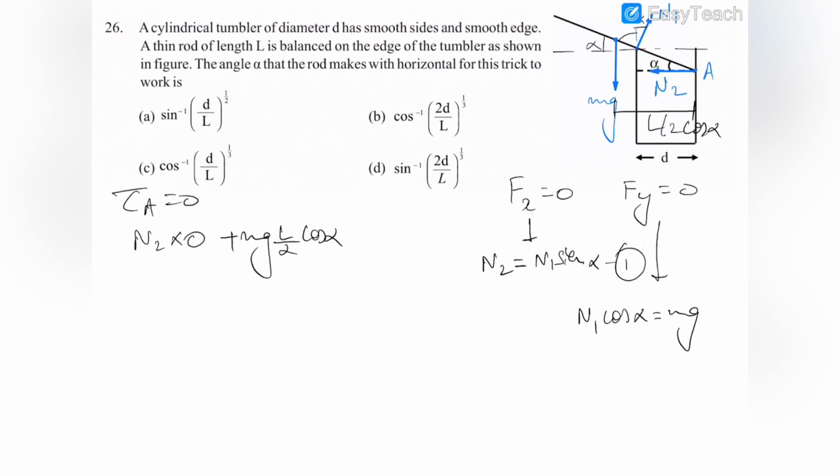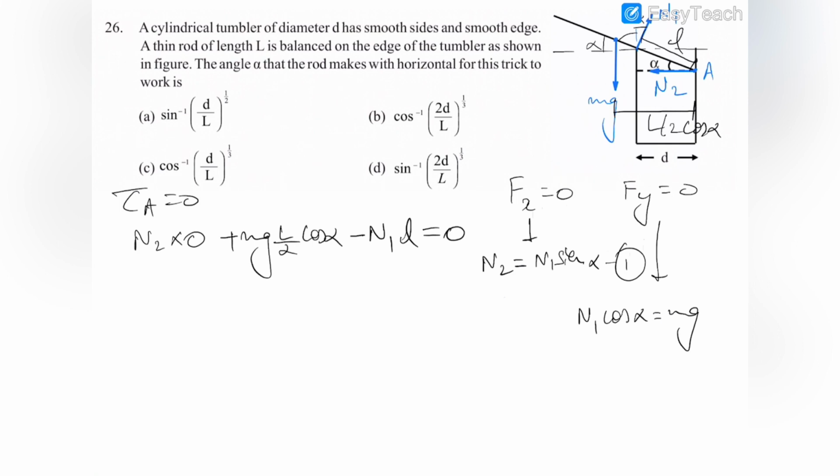Let us suppose that this distance is small l. So we can write the torque of N1 with a minus sign, because mg is rotating this rod about A in the anti-clockwise sense, while N1 is rotating this rod about A in the clockwise sense. So the torque of N1 is N1 into l, and the net torque would be 0.